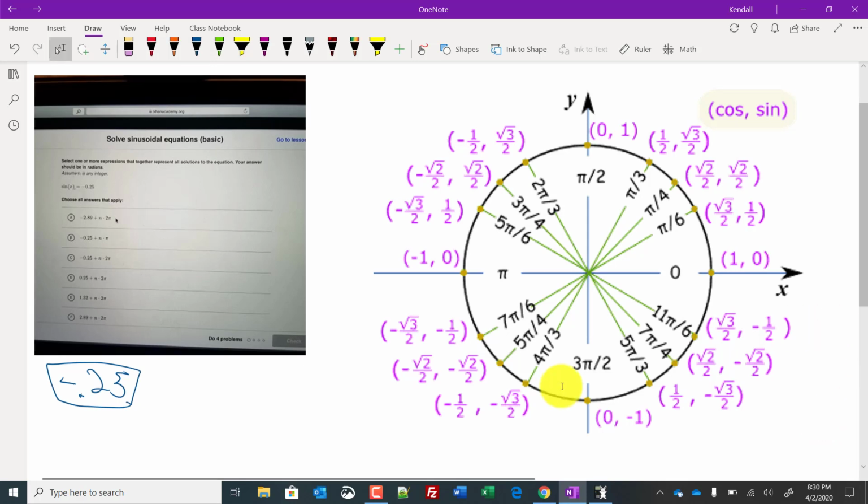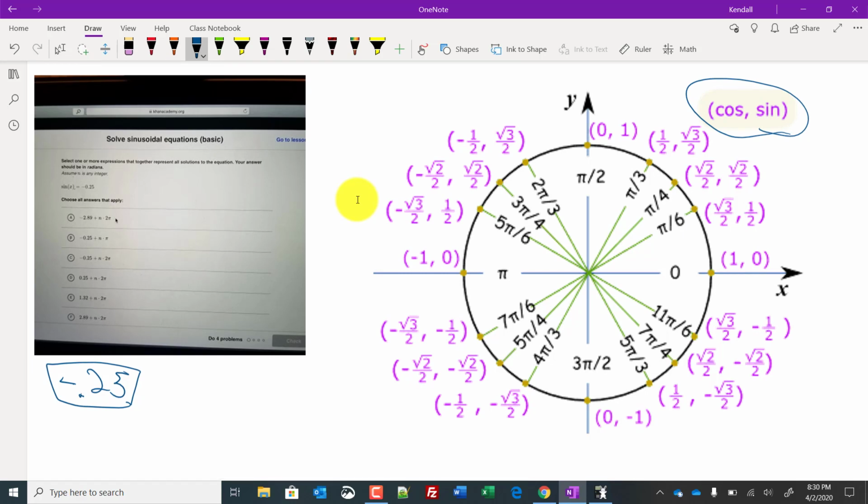To the right here, this is called the unit circle, which I assume you've seen before. I want you to notice a few things about it. Up here at the top it says cosine, comma, sine. That means the first coordinate is always the cosine of the angle. The second coordinate is always the sine of the angle.